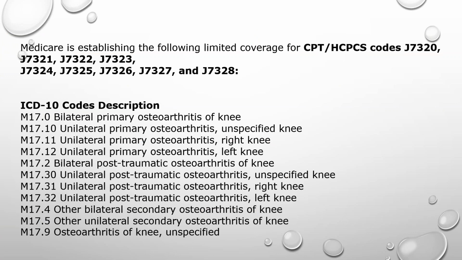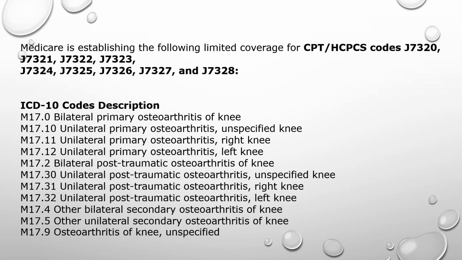These are your diagnosis codes that are approved under the Medicare LCD for coverage of these drugs, okay? And so these are the different drugs, J7320, 21, 22, 23, this is your Hyalgan, your Euflexa, and so on and so forth. And so you'll notice that all of these, number one, are knee diagnosis codes.